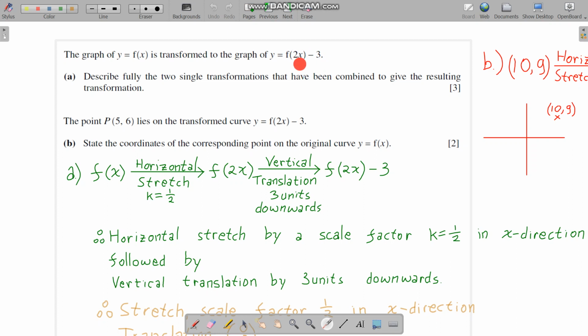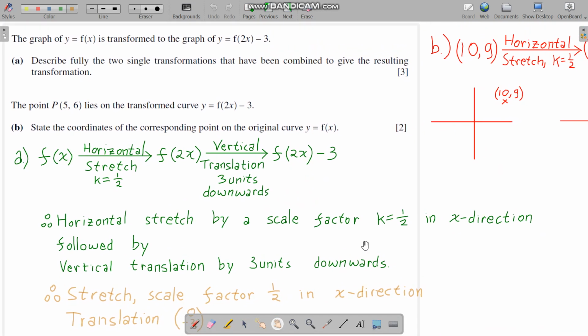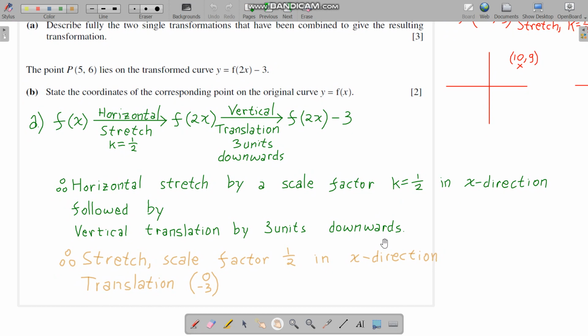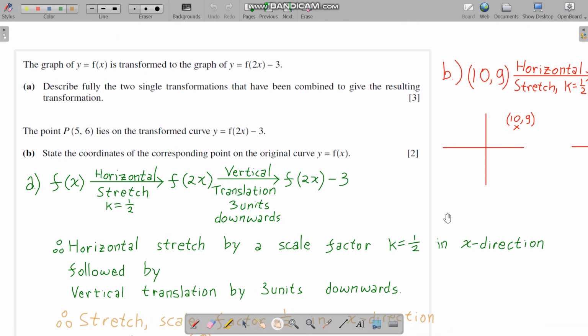So it is a horizontal stretch with factor 1 over 2, and outside is a vertical translation, and minus means you go down. So in conclusion, you can say it's the horizontal stretch followed by a vertical translation, or in the opposite order, the stretch first and then the translation. They are both correct.